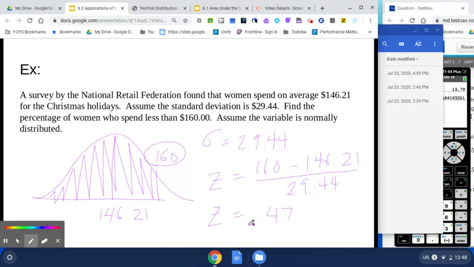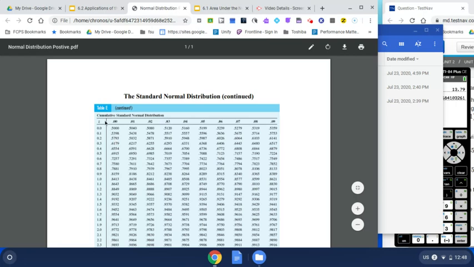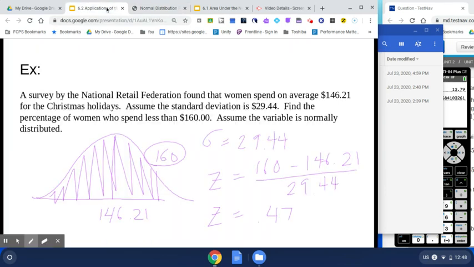Okay, we're going to go ahead and look up that z-score on the positive chart. So if I look up in the first column 0.4 and go across to 0.07, I see 0.6808.